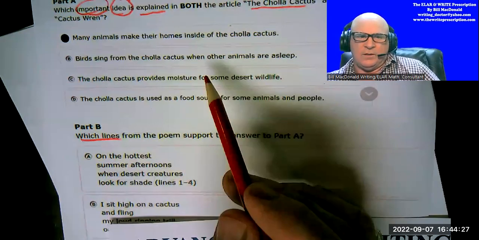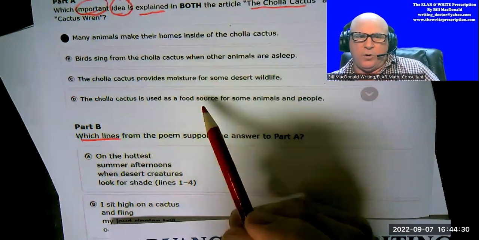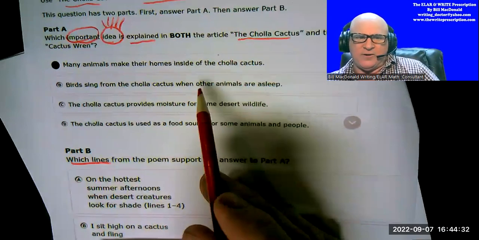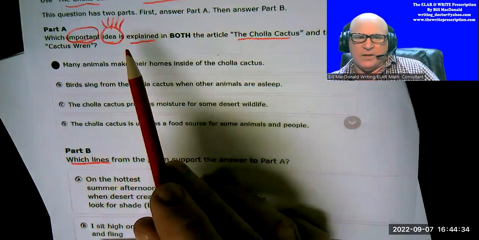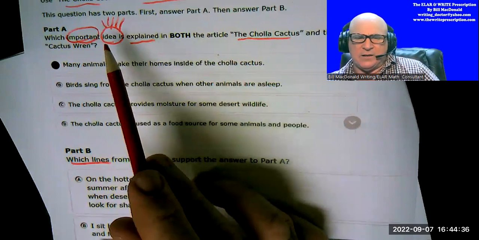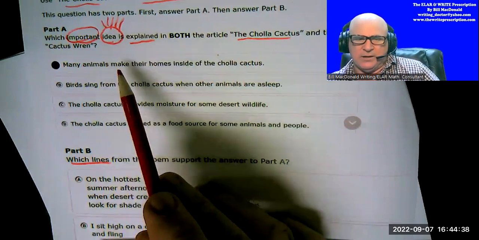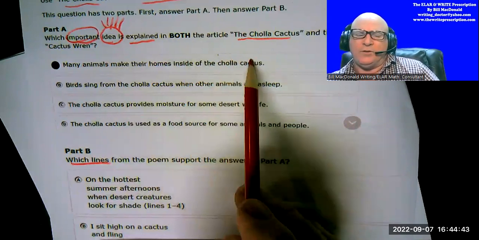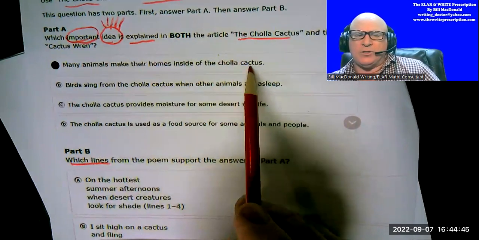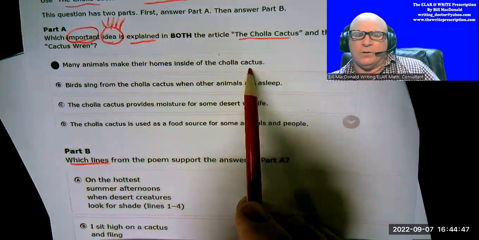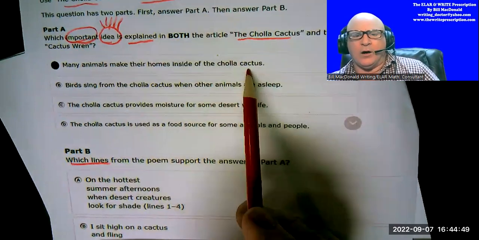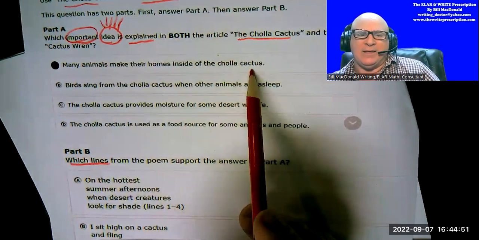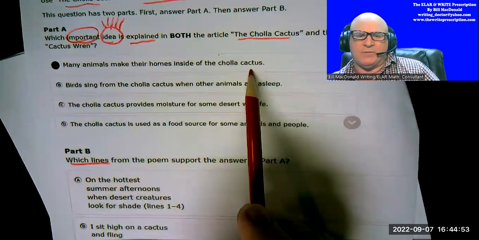So the idea that was in both the poem and the informative passage was that many animals make their homes inside the cactus. And I'm thinking cactus makes me think of thorns. And so I can imagine that the thorns are a great way for the animals to protect themselves.